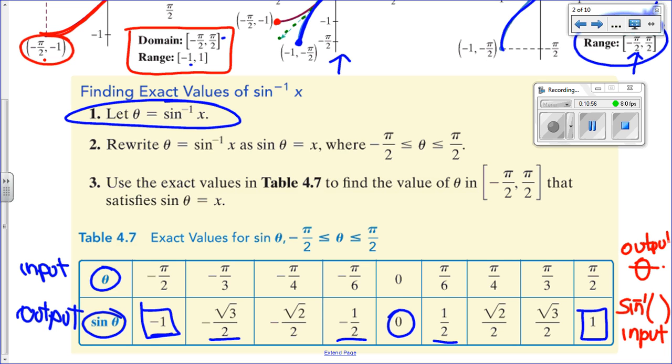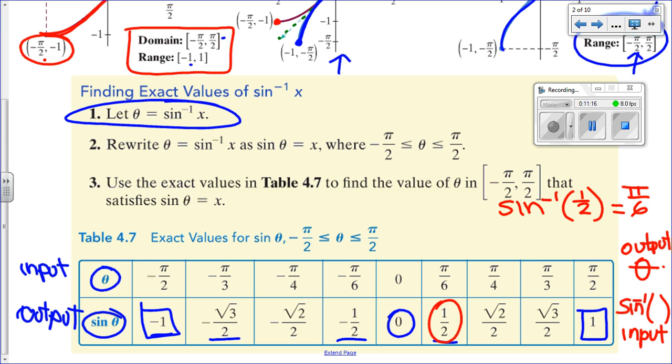So let me tell you how this works. If I ask you, what is the sine inverse of 1/2? I'm looking at this trigonometric ratio. So what is the angle that corresponds to 1/2? Pi/6. So that is the answer.